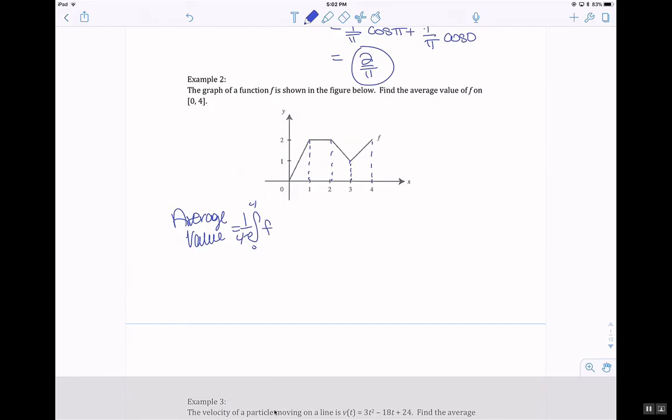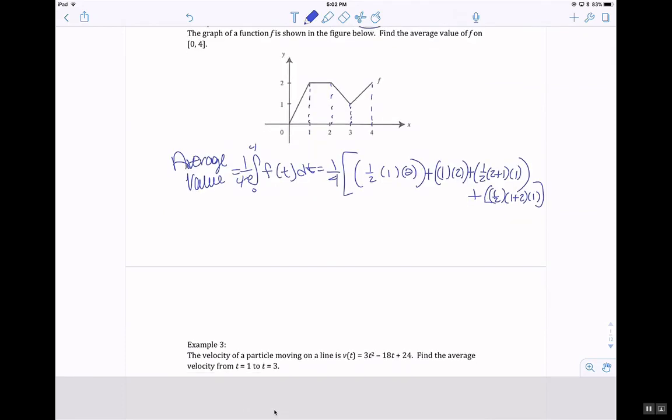So 1/4, and then 1/2 times 1 times 2, plus 1 times 2, plus 1/2 times 2 plus 1 times 1. And then plus 1/2 times 1 plus 2 times 1. And so I'll get average value is equal to 3/2.